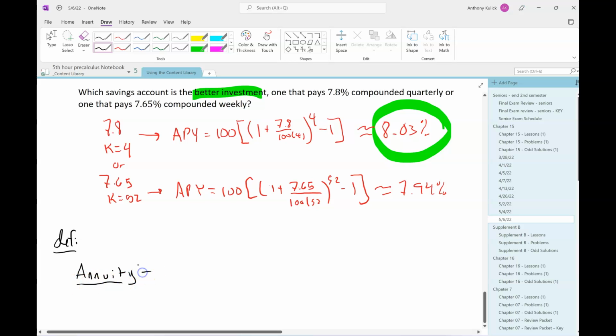The next thing that I want to define is a financial concept called an annuity, and this is an account into which a sequence of payments are made.